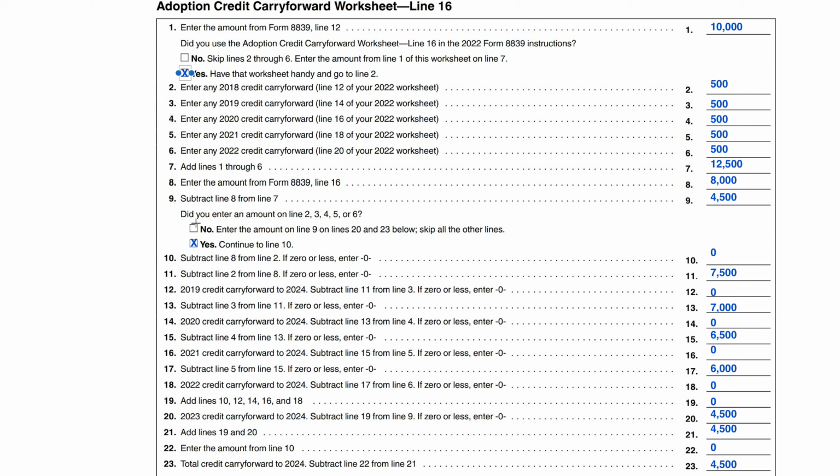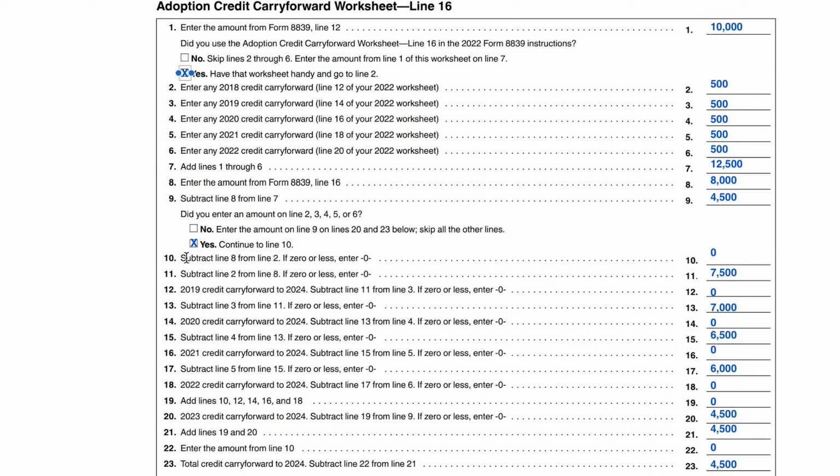So if not, you would simply enter the line 9 amount on lines 20 and 23 that you carry forward to the future tax years. We would skip all of this. But basically, since we put in $500 figures each here, we're going to be doing some math for lines 10 through 19.